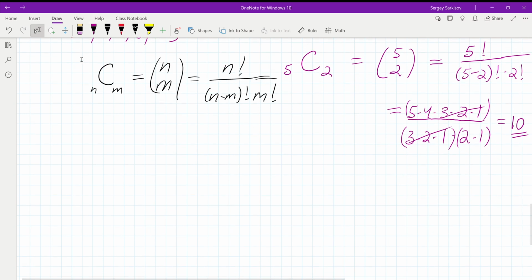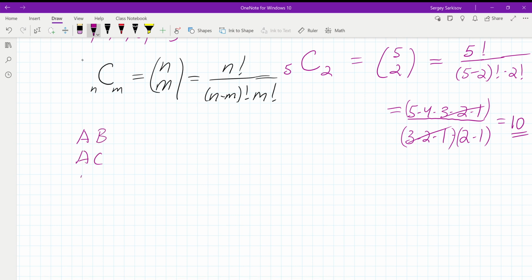Now let's actually figure this out. We had A, B, A, C, A, D, A, E, right? And then we have BA, B... let's just pretend we don't know what we're doing. We're going to write the 20 like we used to, the permutations, and then we're going to see why we have to cancel half of them, why we divide by the 2, right?